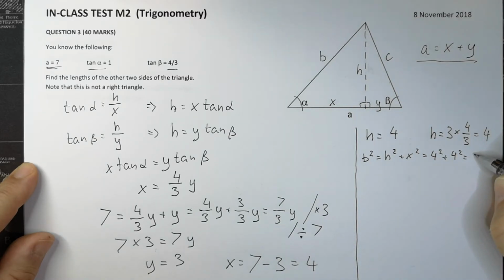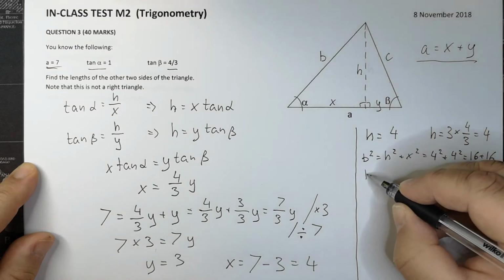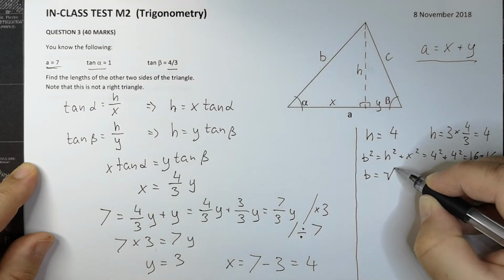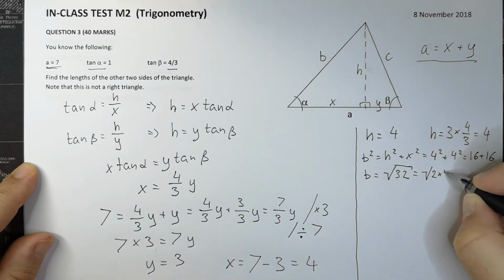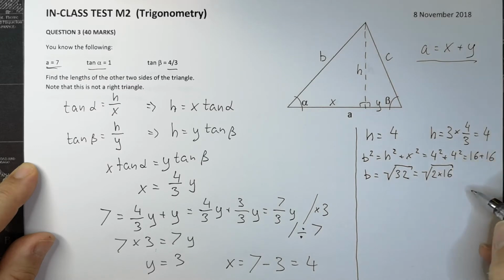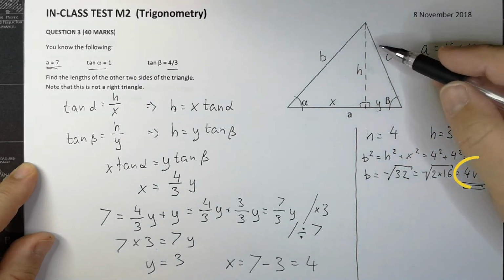So it gives me 16 plus 16 versus 32, so B will be square root of 32. But square root of 32 can be presented as square root of 2 times 16. Now, square root of 16 is 4, so I get 4 square roots of 2. And that's the first result for the side B.